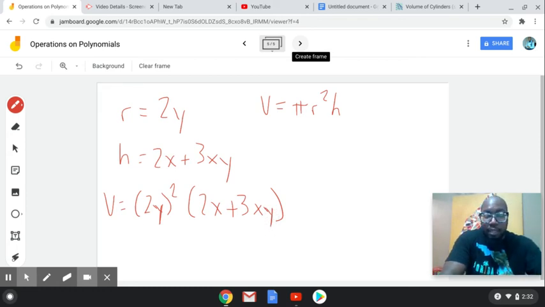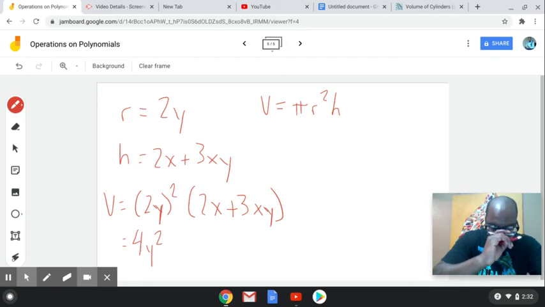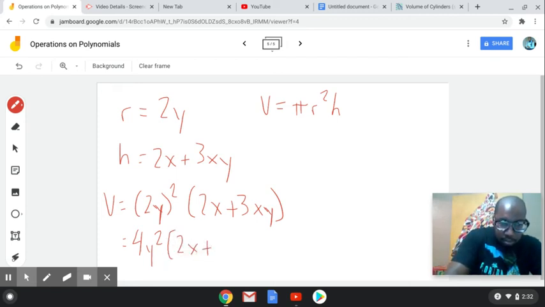First thing, like we did last time, we're going to square this expression, 2y. So the 2 squared becomes a 4, and the y becomes a y squared. And it's still going to be multiplied by 2x plus 3xy.